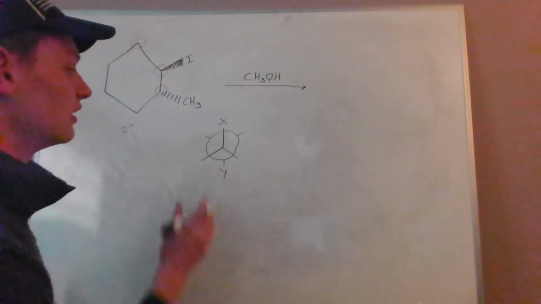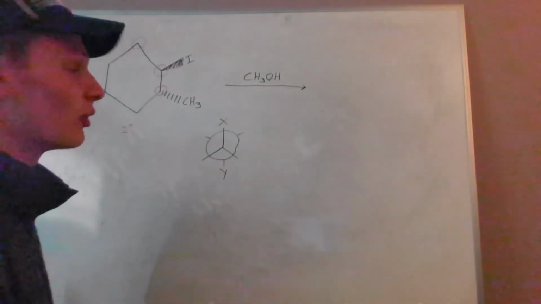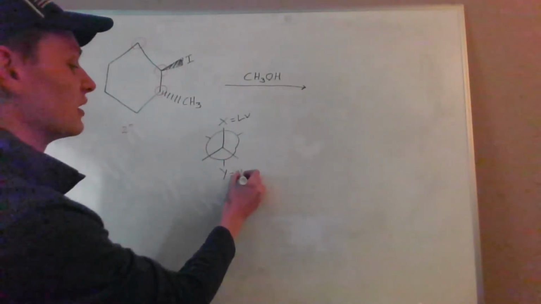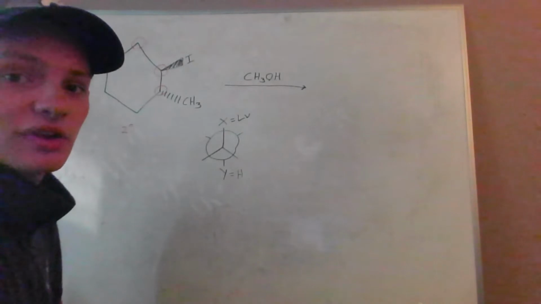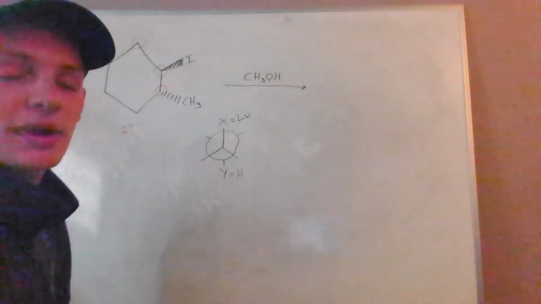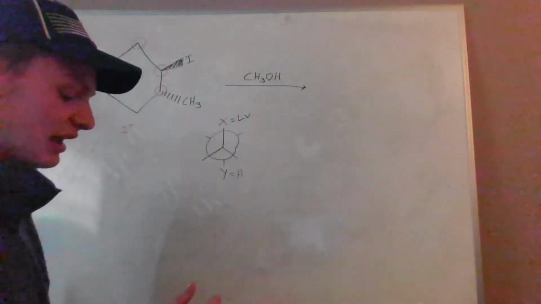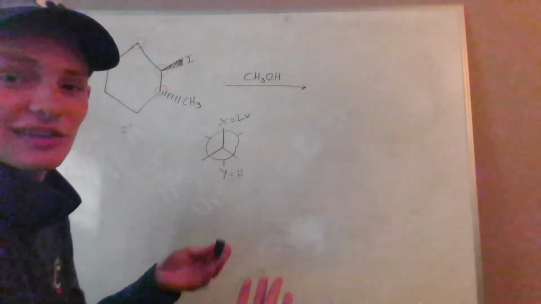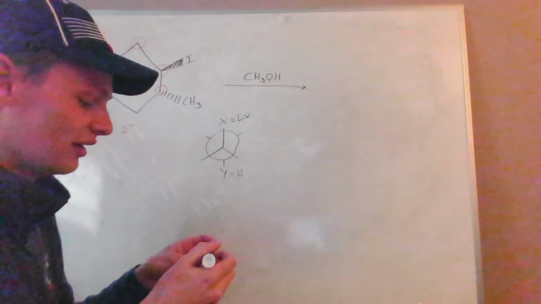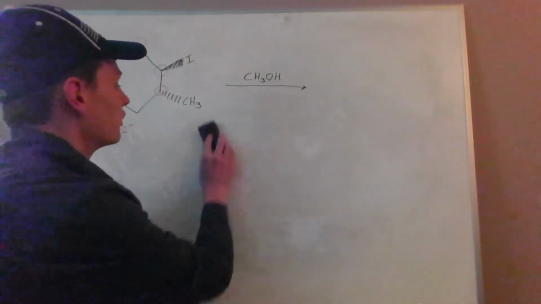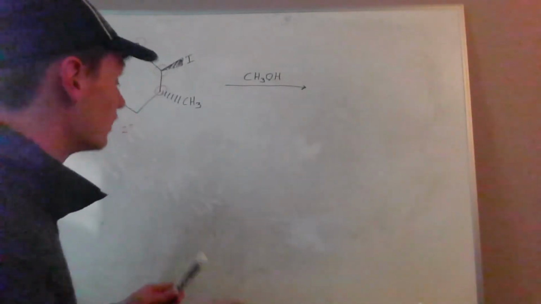And that is what you want if X was your leaving group, and this is the proton that is removed. That's what they mean by anti-periplanar, okay? Because obviously they're in that same plane, but they're anti in the sense that they're 180 degrees apart based on the dihedral angle.